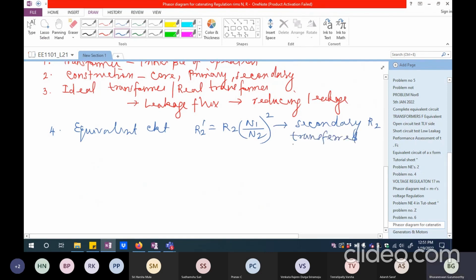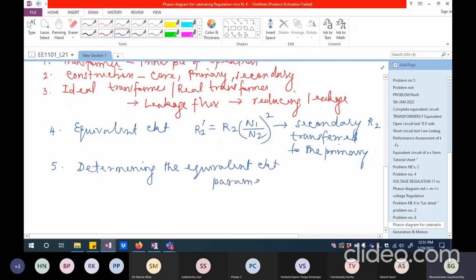So this we said already. Then we talked about the performance parameters of the transformer. But before that, we said determining the equivalent circuit parameters by OC and SC test, open circuit and short circuit test. So this we talked about briefly.